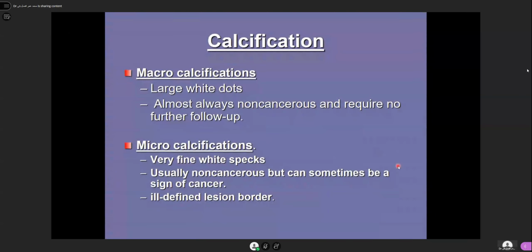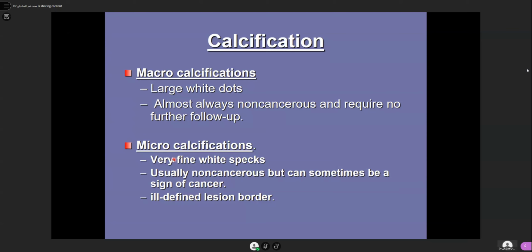Calcifications: sometimes in radiopaque masses you find calcifications. If the calcifications are macro, meaning large calcifications, there are more chances of benign masses, almost always non-cancerous and requiring no further follow-up. If you find microcalcifications, like very fine white specks of calcification, they are usually non-cancerous, but can sometimes be a sign of cancer.